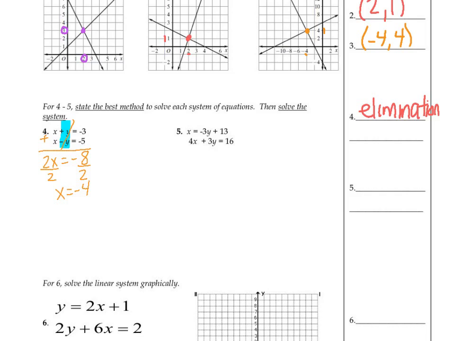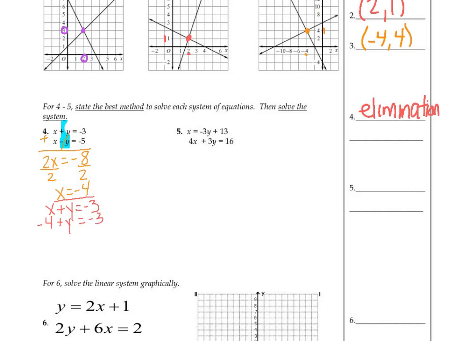So now that we found our x, we have to find our y. So to do that, we can plug -4 in for x into either of our two equations. So I'm just going to plug it into that first equation. So I'm just going to rewrite it, x plus y equals -3. And I'm going to substitute in -4 for x. So when we do that, we get -4 plus y equals -3.